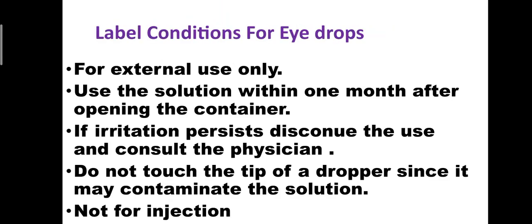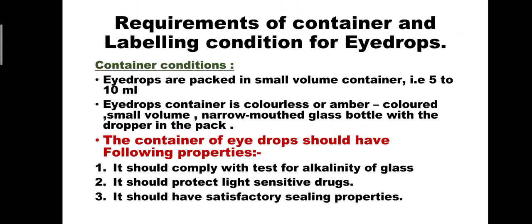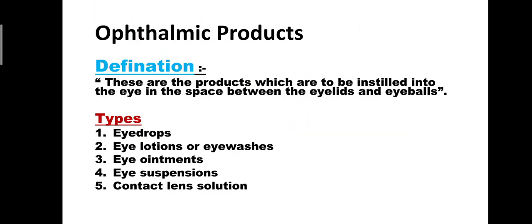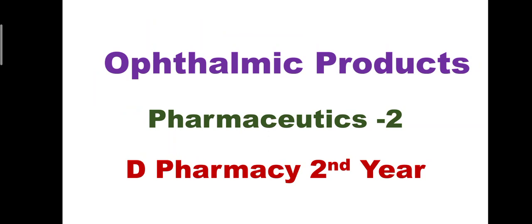Method of preparation of eye drops. Label conditions for eye drops. There are 5 label conditions. Requirements of container and labeling conditions for eye drops. The container of eye drops should have the following properties. Definition of eye drops, ideal qualities of eye drops, definition of ophthalmic products, types of ophthalmic products, etc. Thank you guys.